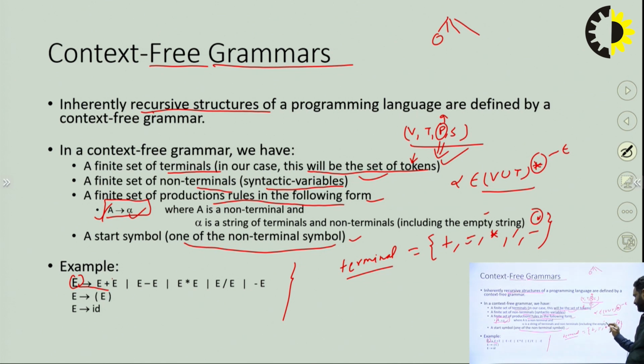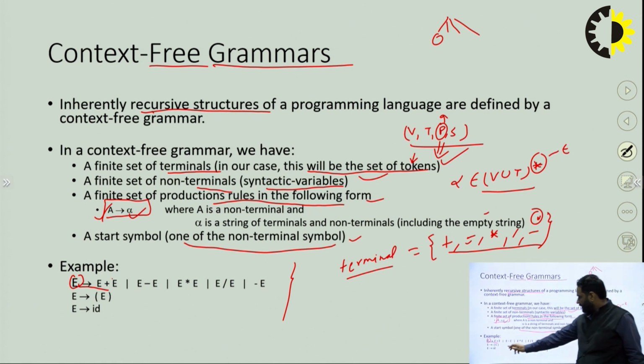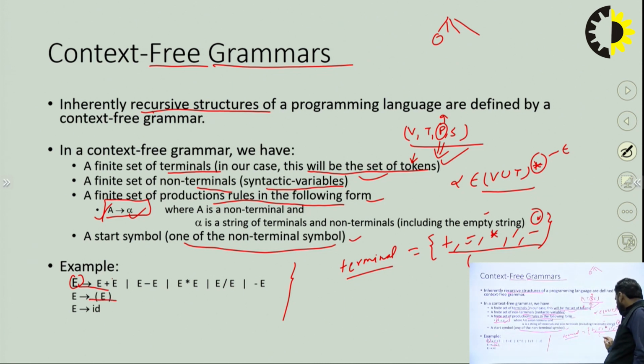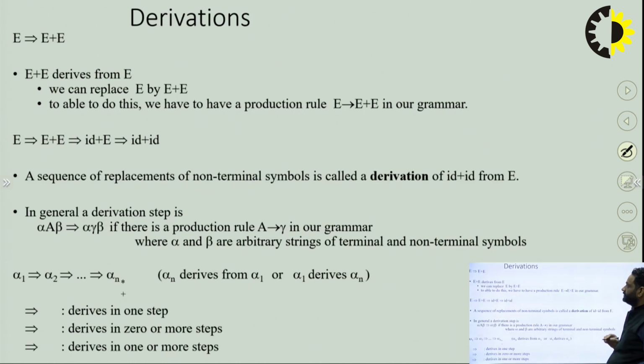It is different from this one. This is a binary operator, this is a unary operator. These all are represented as terminal symbols in the given CFG. Again, we have the starting bracket, closing bracket, and finally in the final production rule, we have ID as a terminal symbol. And we have just one non-terminal, that is capital E. It is a non-terminal, or we can say a variable of the grammar.